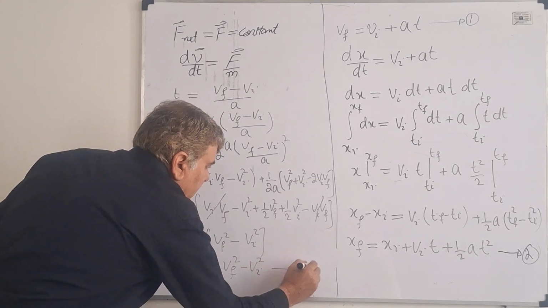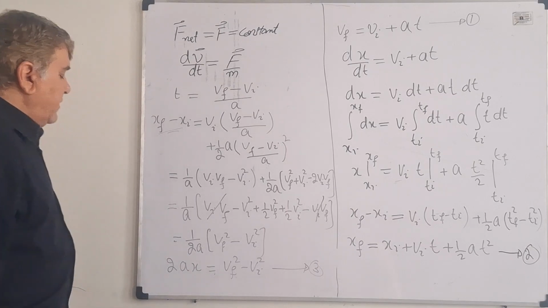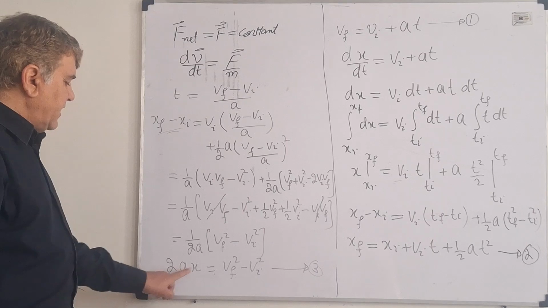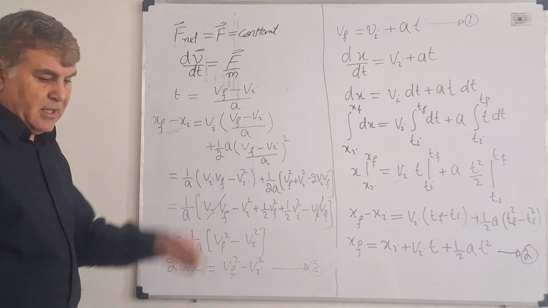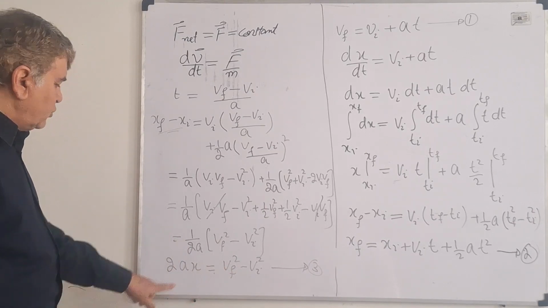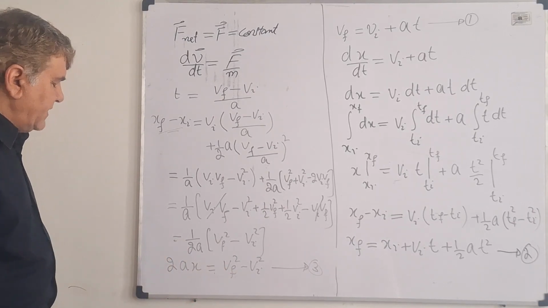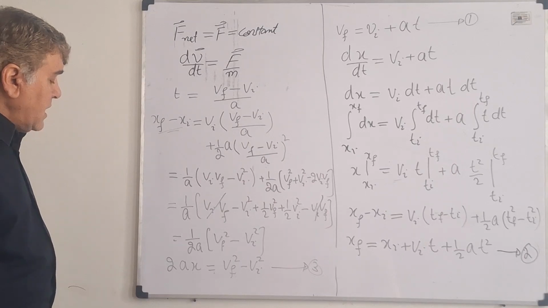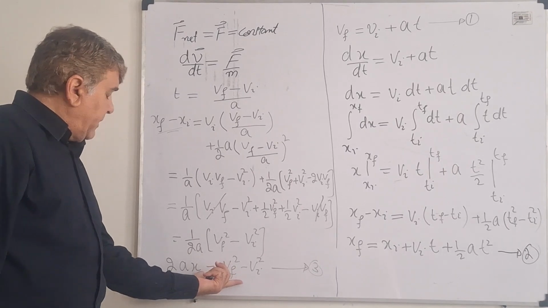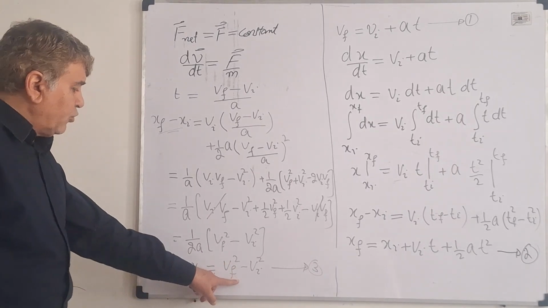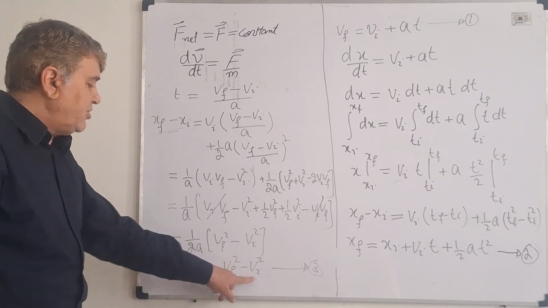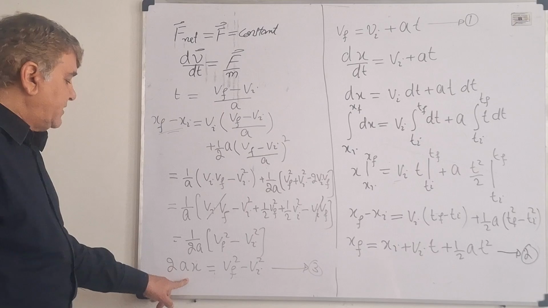This is another relation that links the two different dynamical variables for constant acceleration, x and v. So it links the dynamical variable v and dynamical variable x through acceleration a, constant acceleration. Now, this equation is independent of time. Therefore, it gives the average distance in terms of initial and final velocity. X is the distance.